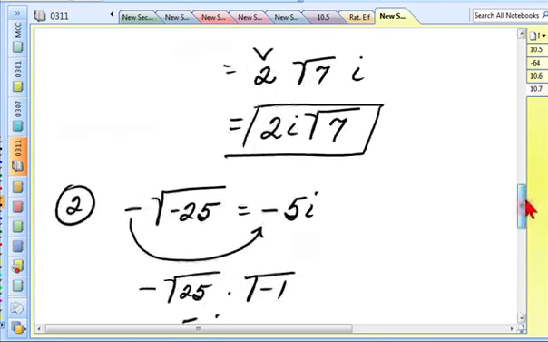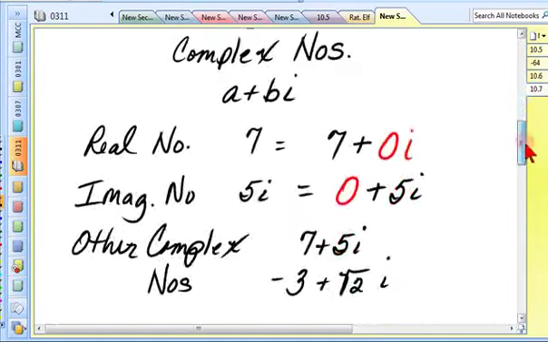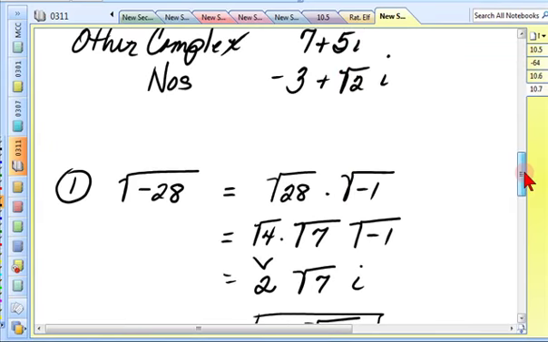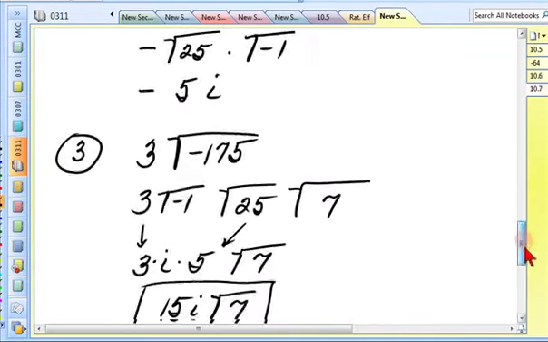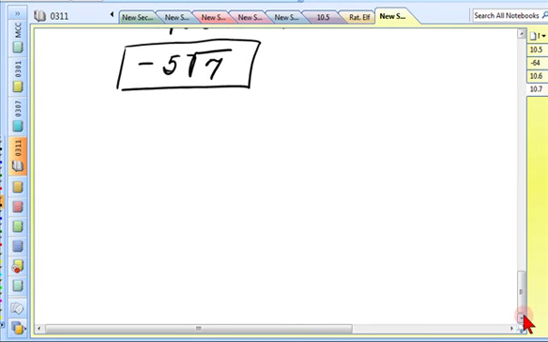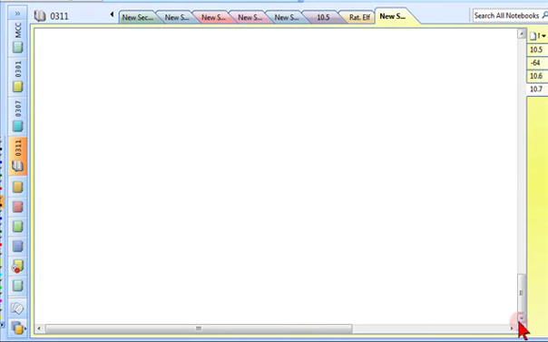All right, so do you have sort of a sense of the value of i and where it comes from? It's the square root of -1. All right, now that we've sort of met the complex numbers, what have you always done with numbers that you learned about? Well, first you learned about the numbers, what they meant.